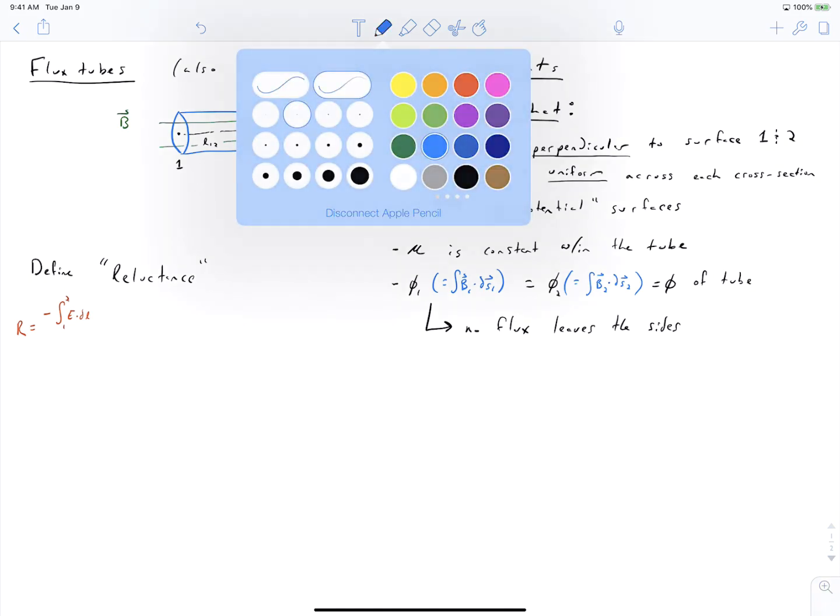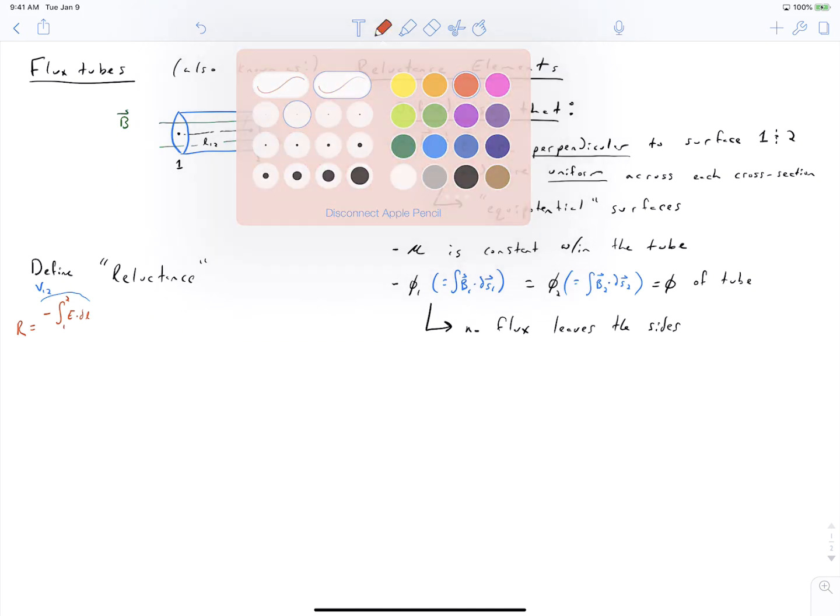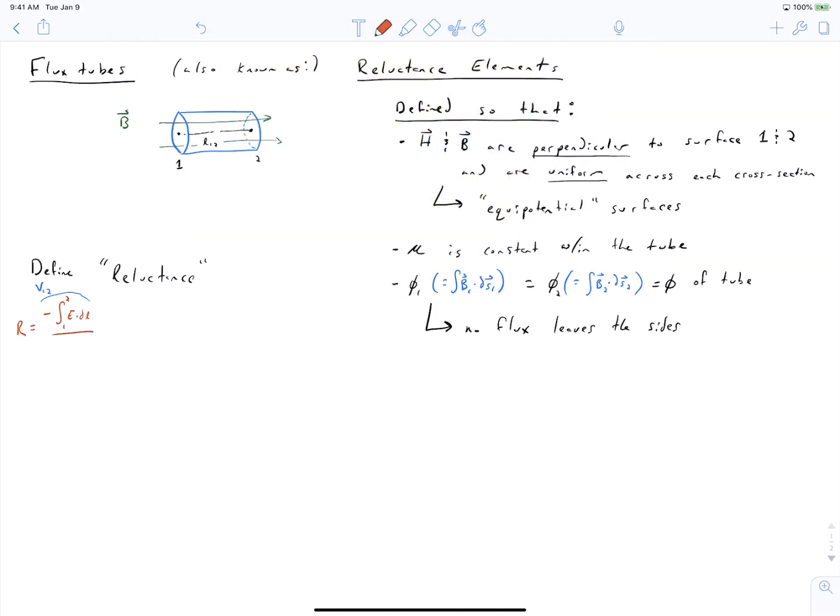So again, this quantity is voltage, or voltage from surface 1 to surface 2. So Ohm's law is that resistance is equal to voltage divided by our current.